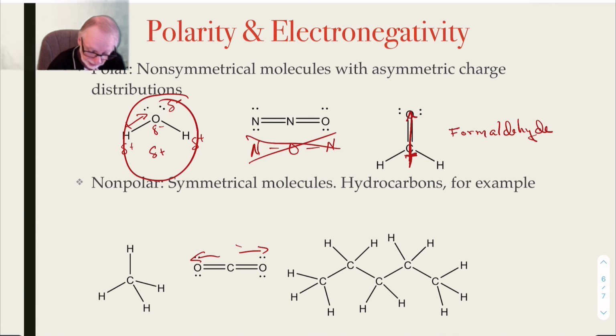And by the way, these little arrows that I'm talking about here are called dipole moments. The dipole moment represents the degree and separation of charge within a molecule. A polar molecule has a non-zero dipole moment, while nonpolar molecules have a zero dipole moment.